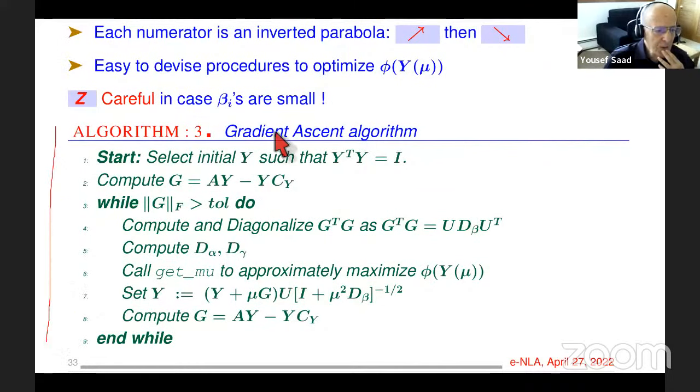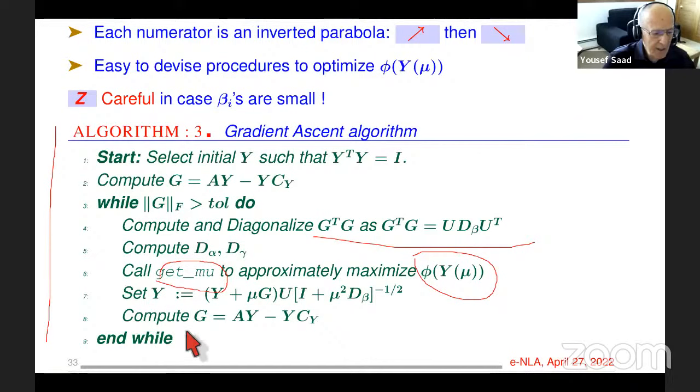This is a gradient approach where as long as G is still not small enough, I diagonalize this matrix G, extract U and D, and then get this by approximately maximizing this. Then I set the new Y, compute the new G, and repeat. That's my gradient approach. Very simple procedure.